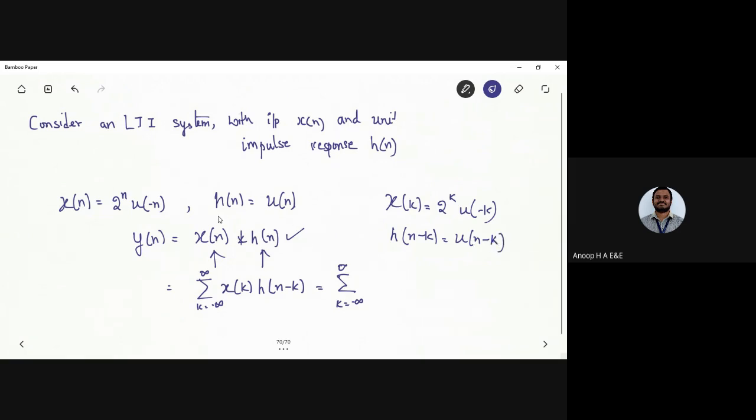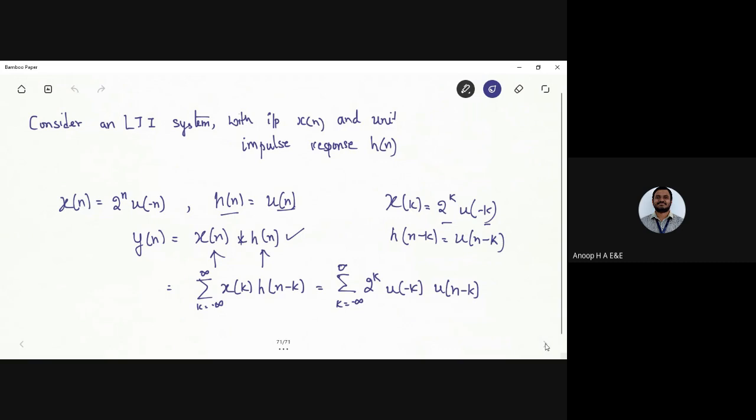So there is a shift in the unit impulse response, and I have retained the power of k with respect to the input signal.